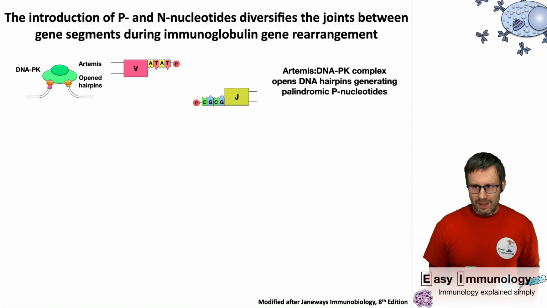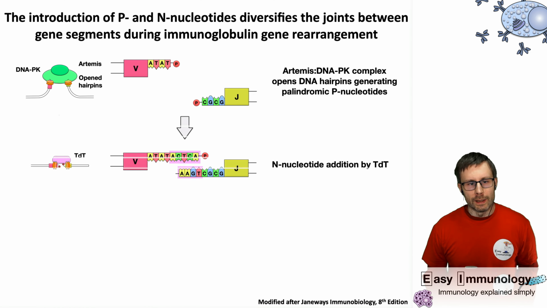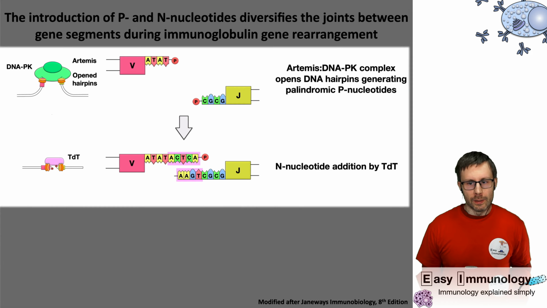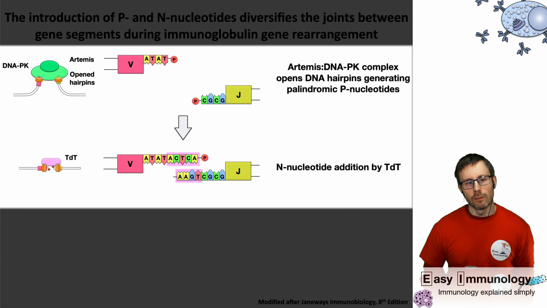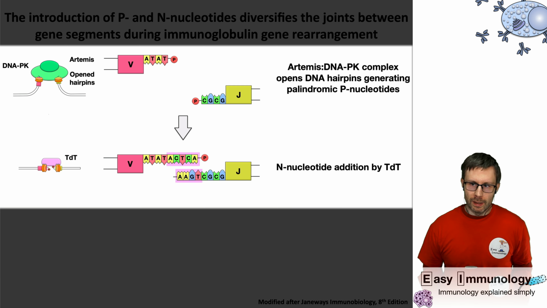Okay. Then we have the TdT molecule, and this is a crazy molecule that just adds randomly some bases to the end of these palindromic nucleotides. And this is purely by chance, yeah? Puts an A, puts a C, puts a G in there, doesn't care what.